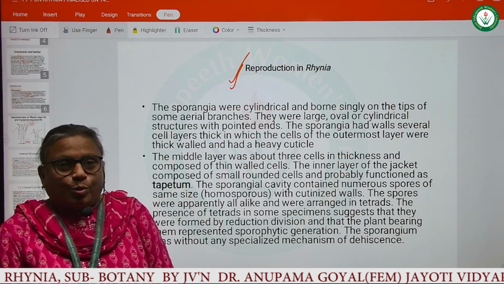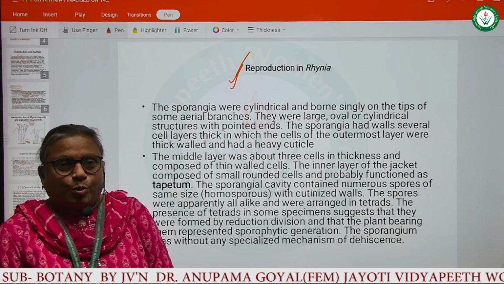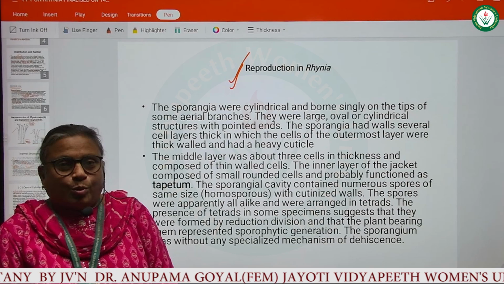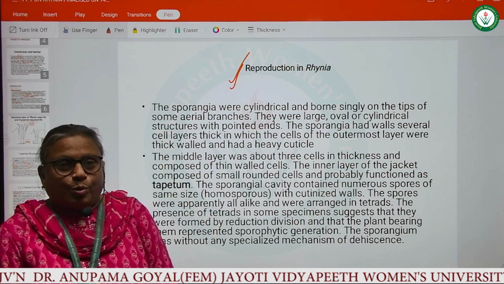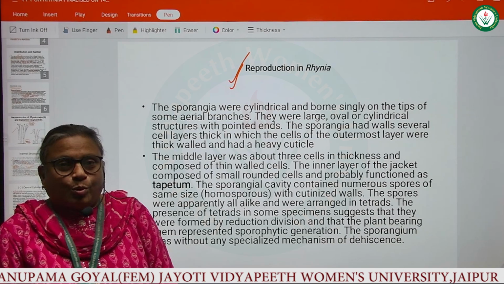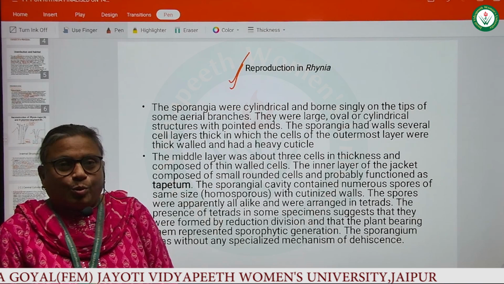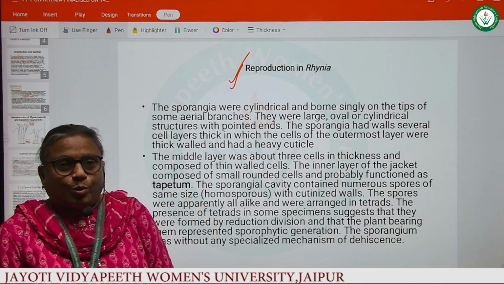The sporangia had walls several cell layers thick, in which the cells of the outermost layer were thick walled and had a heavy cuticle. The middle layer was about 3 cells in thickness and composed of thin walled cells. The inner layer of the jacket was composed of small rounded cells, and it functioned as tapetum.